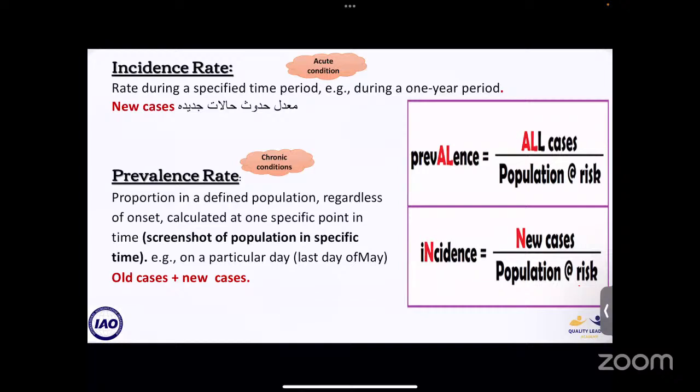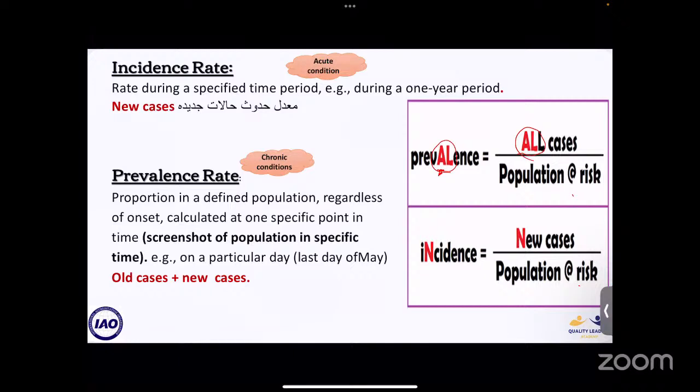So in here, there is a tip or strategy so you will not forget, or you can just recall. In prevalence rate, the A and L represent all cases over the population at risk.